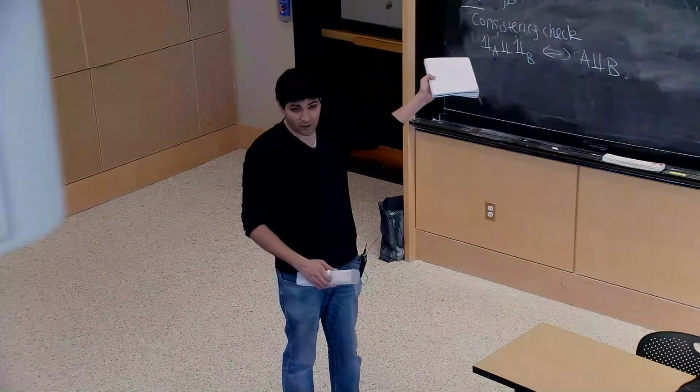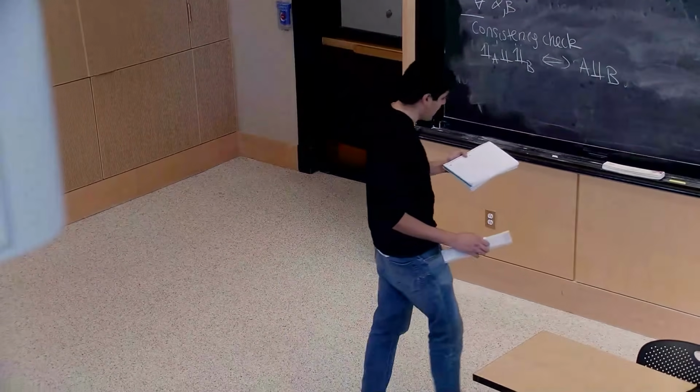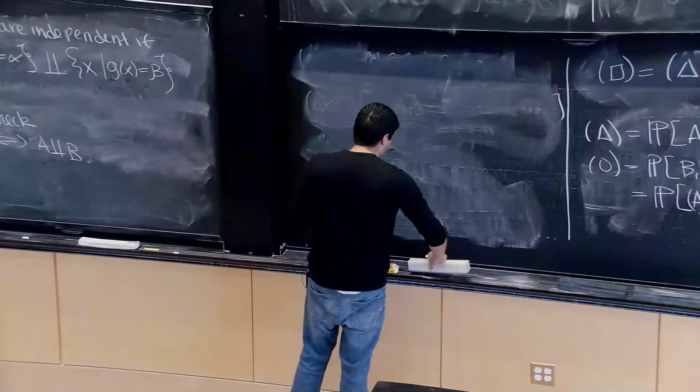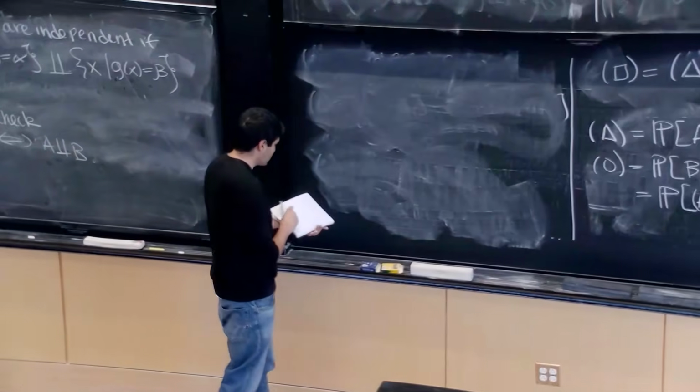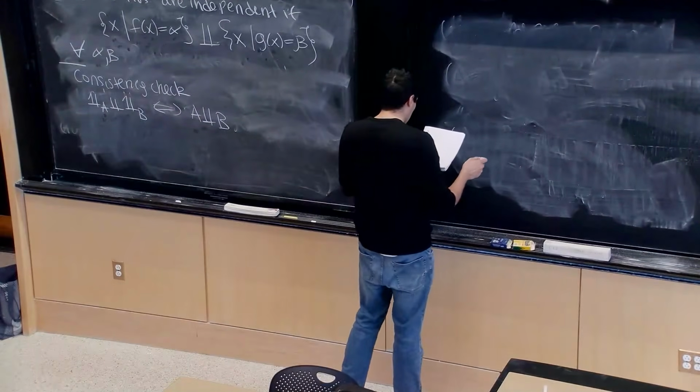And we talked about how it's a bit of a pain in the neck to actually verify independence, because you have to check it over all alpha and beta. Did I really need that property of independence, right? So obviously your intuition is that I did use it crucially.